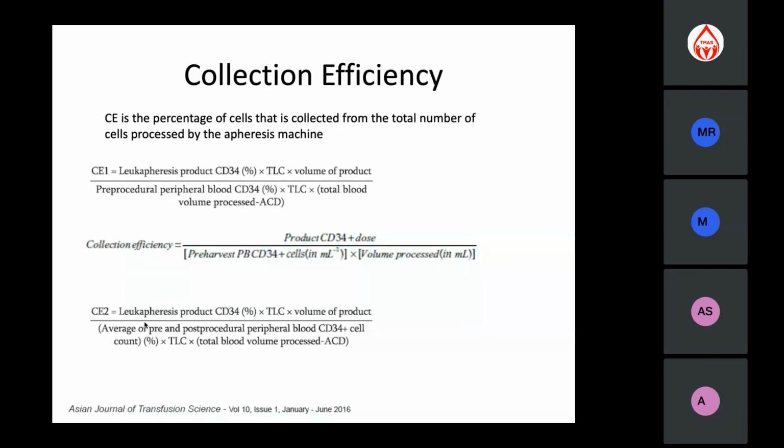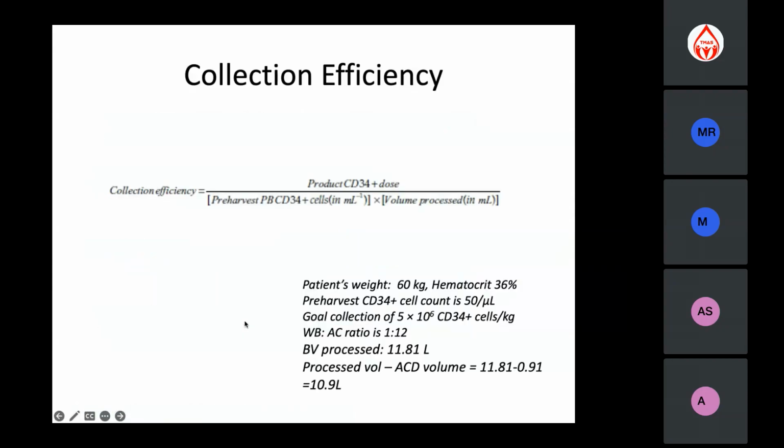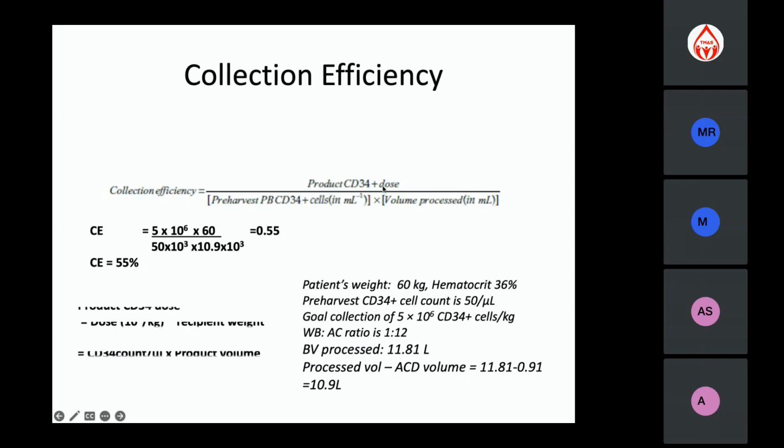That value can be added here and multiplied by the product. We got somewhere around this per kg body weight.